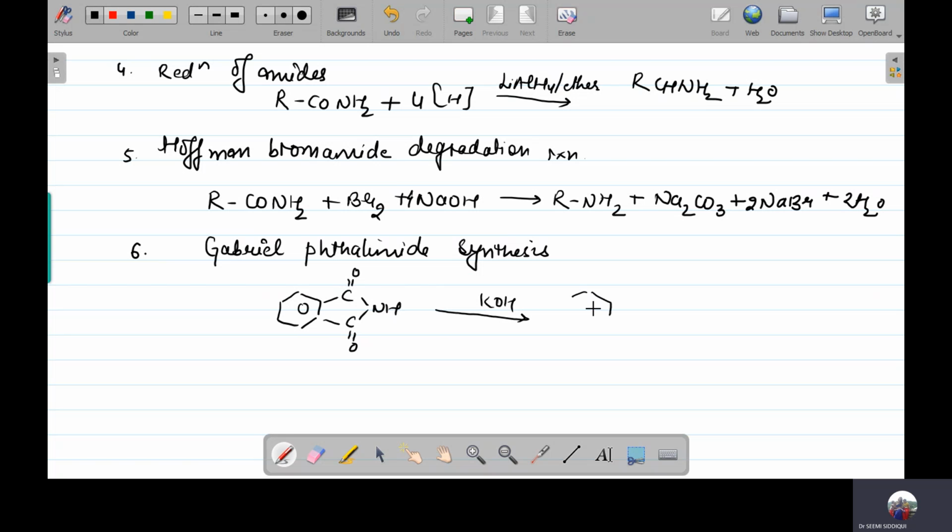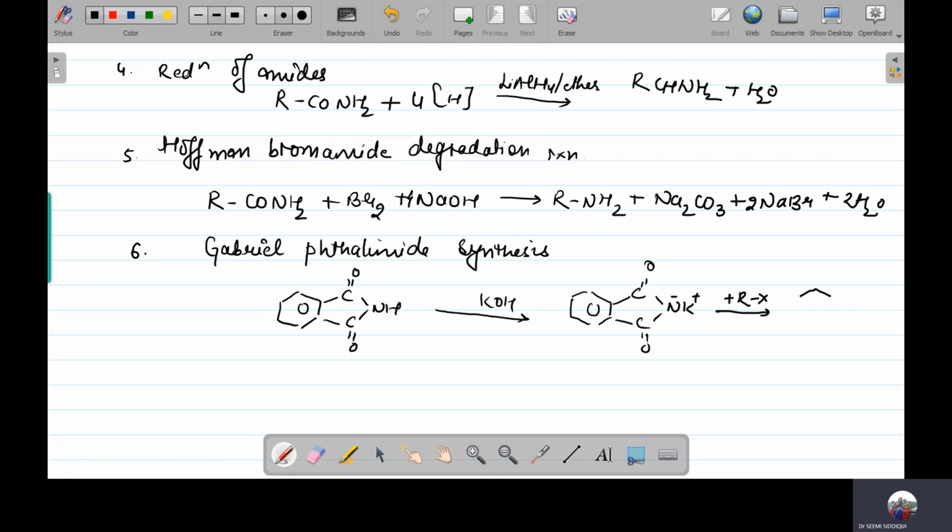Phthalimide is treated with KOH, potassium will come and attach, then we make it react with the alkyl halide.